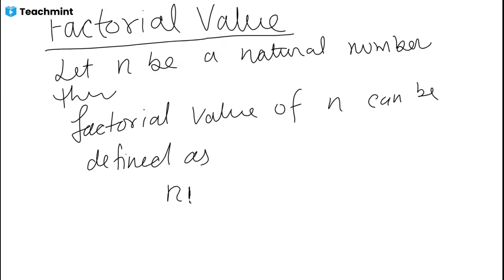This symbol denotes factorial value. What it means is: multiply n with n minus 1, into n minus 2, into 3 into 2 into 1. Let us understand by using some values.